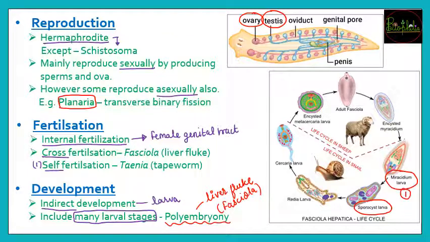So miracidium first, sporocyst second, then redia larva third, and cercaria larva is the fourth. So there are 4 larval stages, and then the adult Fasciola is formed. So what do we call these many larval stages?